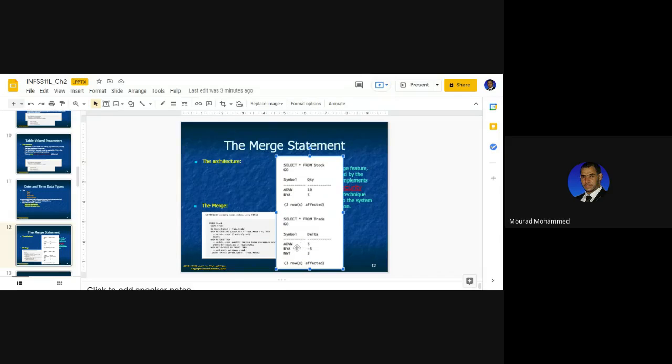The system has to decrement, reduce the stock by 5 units from this BYA. And the system has to add the new product to the stock with the quantity 3. Simple like that. This is the behavior, this is what the system has to do, and this is what the merge transaction will do.